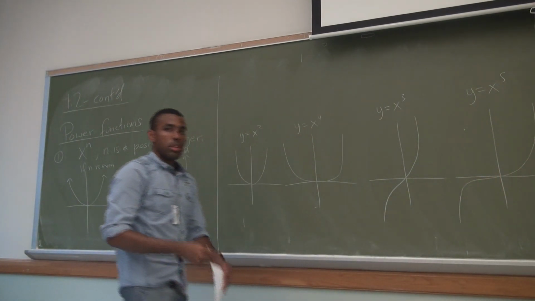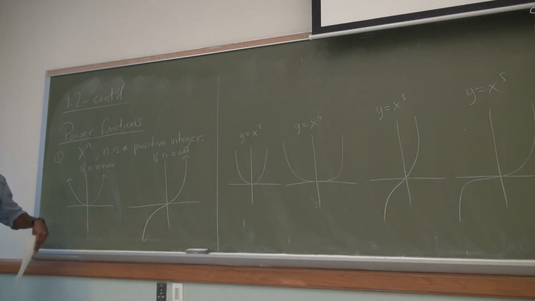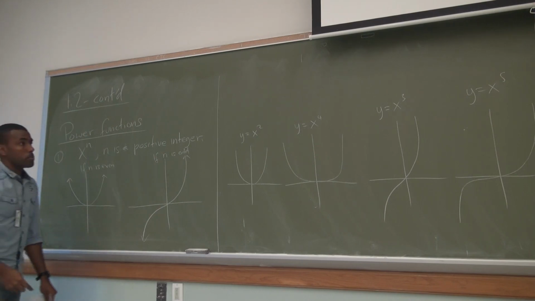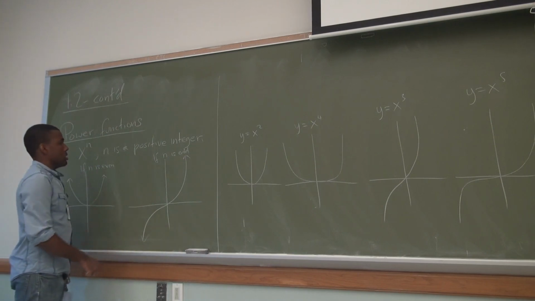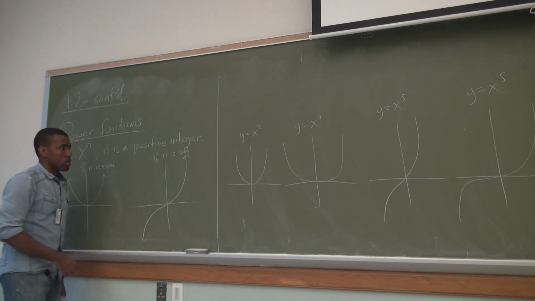So the higher the power, the longer it takes to do what it's doing. But in general, that's what you need to know. And so when n is even, both ends go up towards infinity. And if n is odd, both ends go towards this, right?